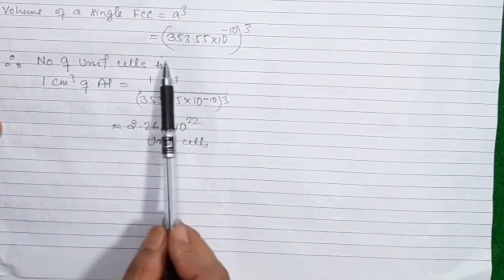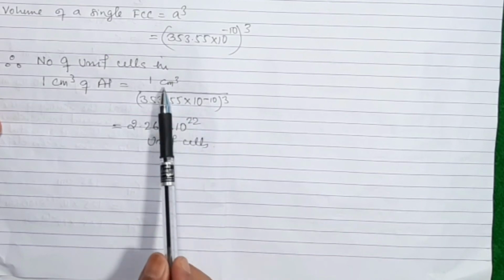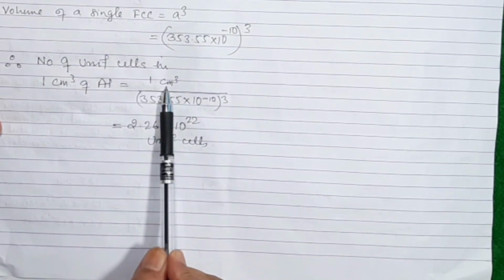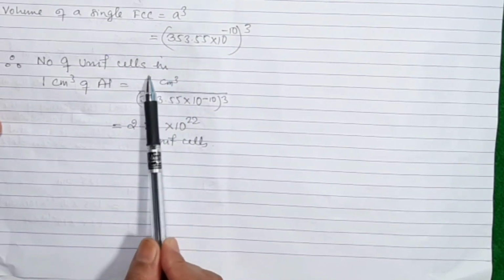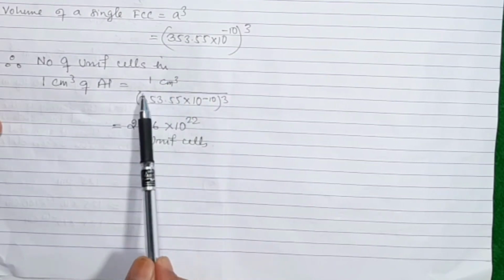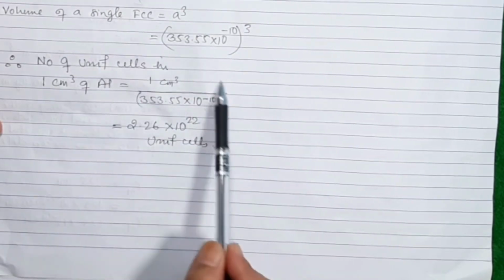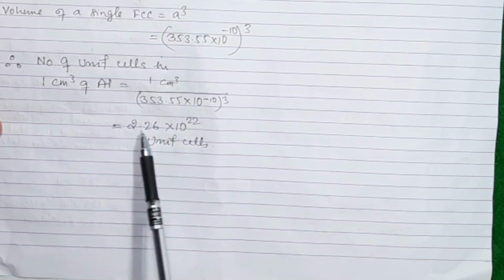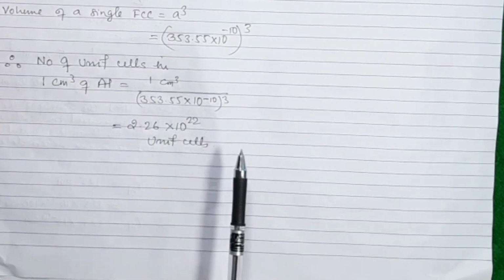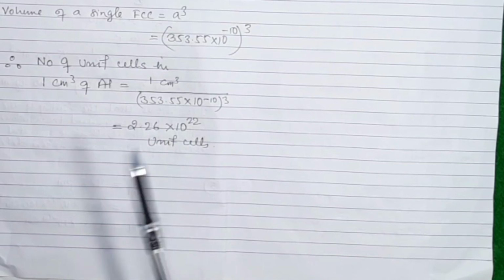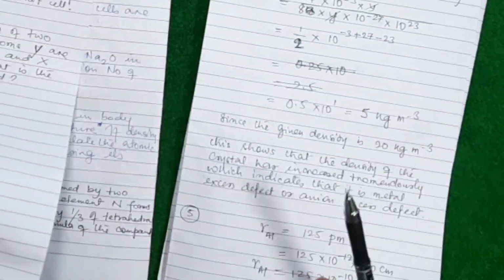Number of unit cells is the volume of the total aluminium, that is 1 cc, divided by the volume of 1 unit cell. That gives the total number of unit cells present in 1 cc of aluminium, which I calculated to be 2.26 into 10 power 22. So for the time being, I'll post this much.